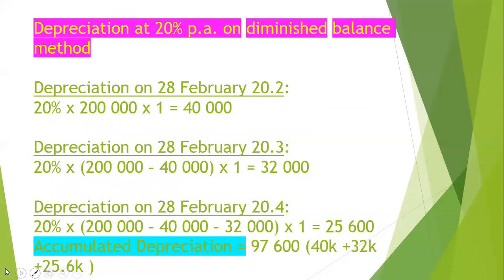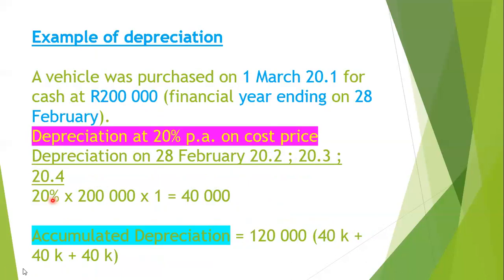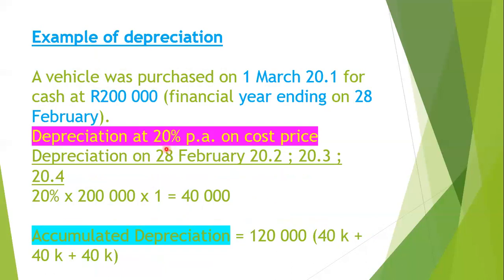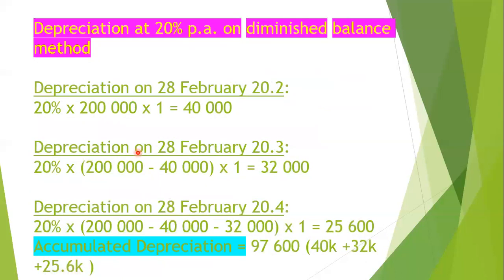The only difference between this slide and the next slide is here the depreciation was at 20% per annum on cost price, and in this scenario the depreciation is at 20% per annum on the diminished or diminishing balance method.